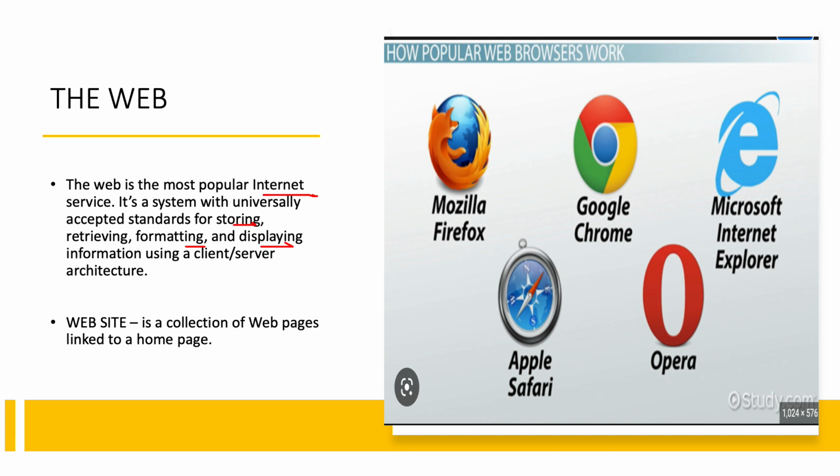While the website, it is a collection of web pages linked to a home page. So examples of web browsers: the Mozilla Firefox, the Google Chrome, the Microsoft Internet Explorer, the Apple Safari, and the Opera.